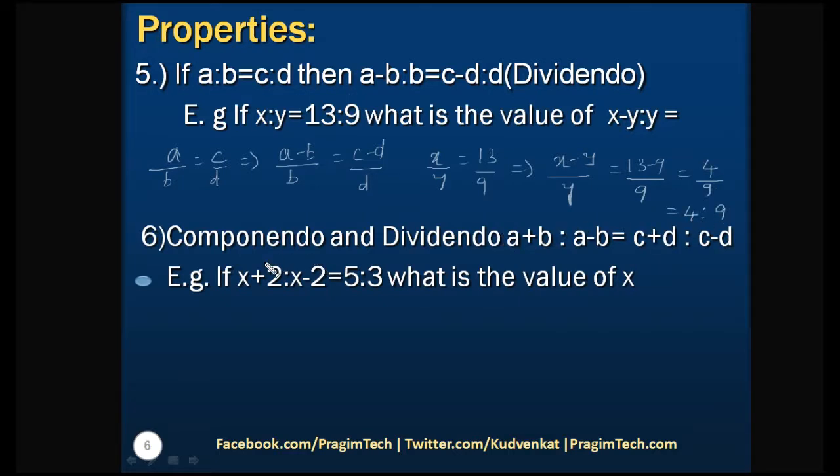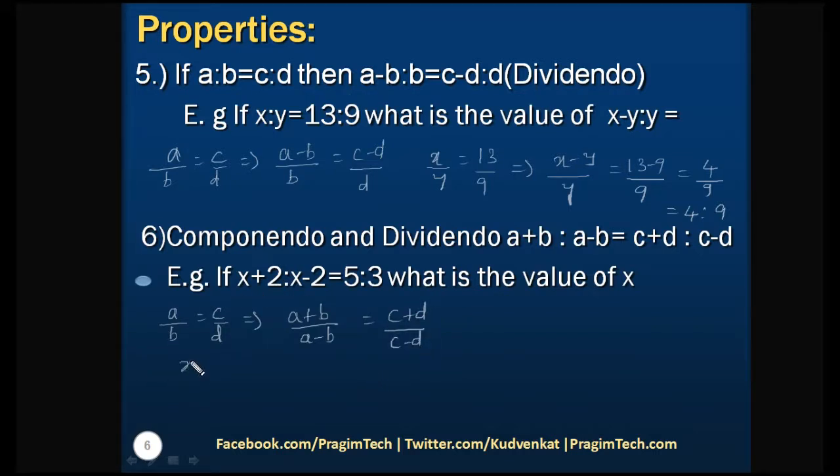The next property is a combination of componendo and dividendo, which is called componendo and dividendo. If A by B is equals to C by D, then we can write it as A plus B by A minus B is equals to C plus D by C minus D. Let's take an example.